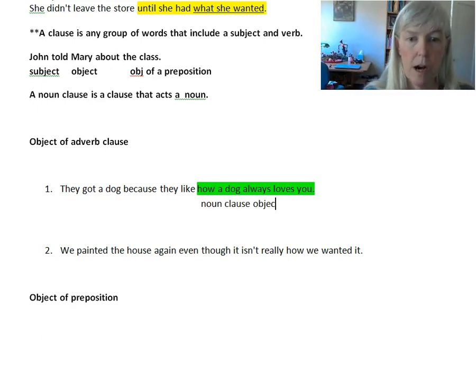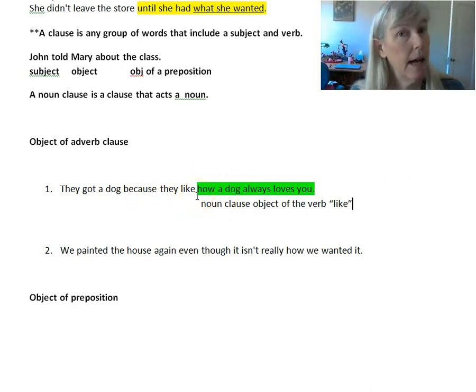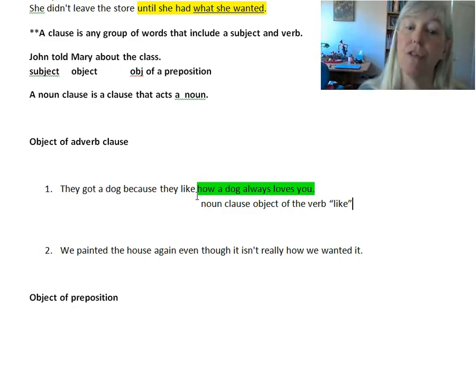Noun clause object of the verb like. They like is the subject and verb for the because clause, but they like how a dog loves you is the subject verb object of that same because clause. They got a dog because they like how a dog loves you.